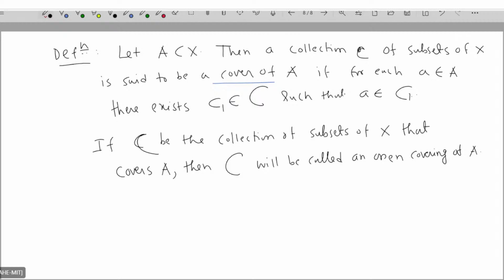When nothing is mentioned, like C is the collection of subsets of X that covers A, it by definition means open subsets of X. But it is possible that we have a collection of subsets of A itself that covers A. For example, if A is X itself, then we have a collection of open subsets of X which covers X itself.